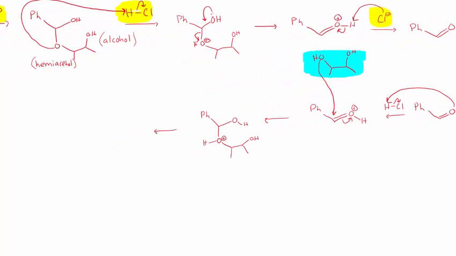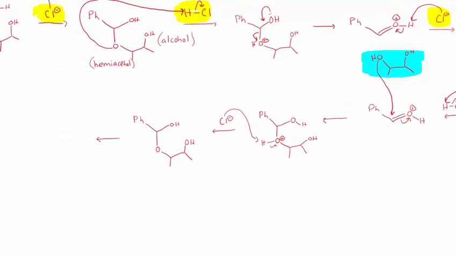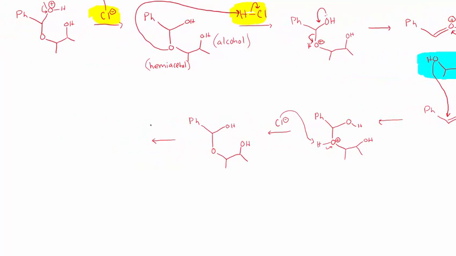From here, we're going to use our chloride ion as a very weak base. This gets us to the hemiacetal functional group at that site. And now the HCl molecule can act as a strong acid, and in the direction we're trying to explain here, we want to get rid of this OH, so that's the one that we're going to protonate.